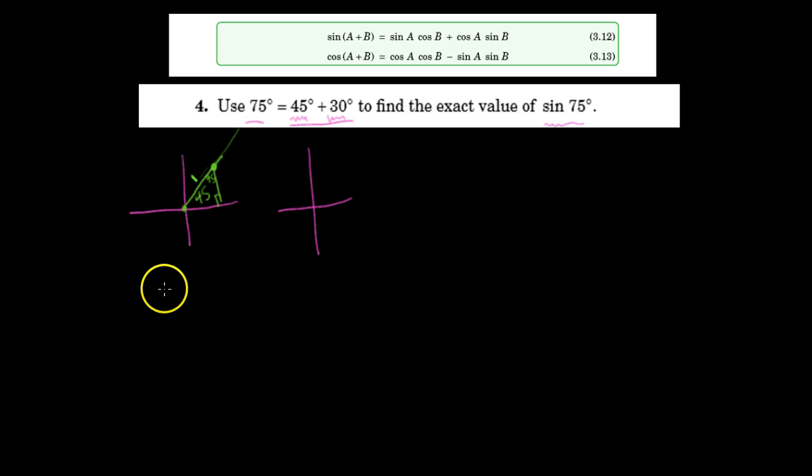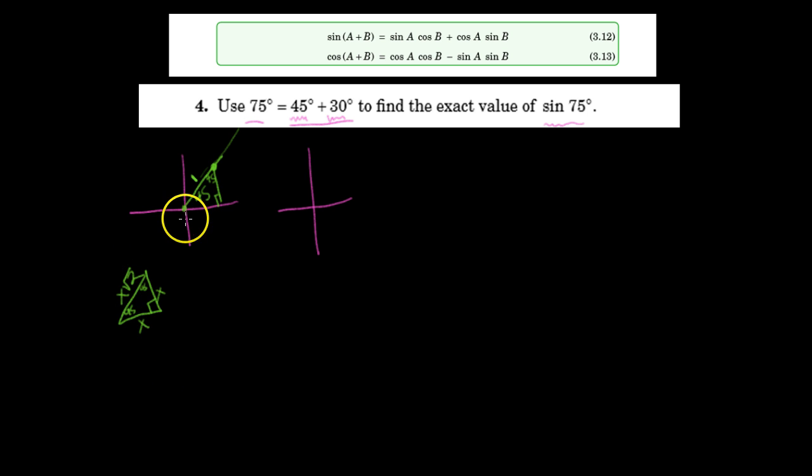Just as a review, with a 45, 45, 90 triangle, if you draw it, you have 45, 45, here's 90. If the two sides are x, then the hypotenuse is x root 2. This is a quick geometry refresher.